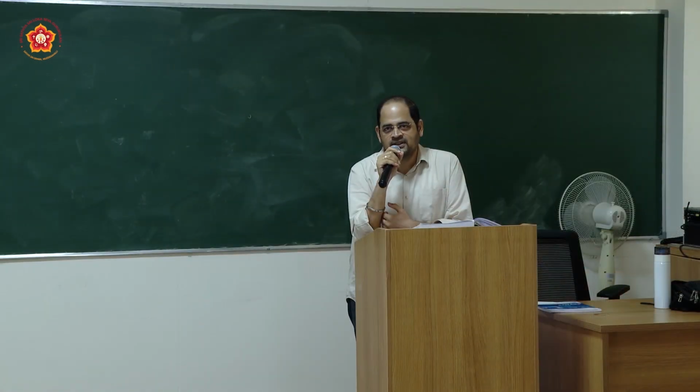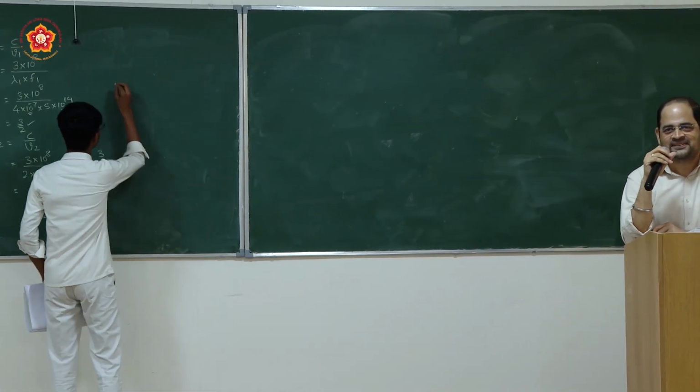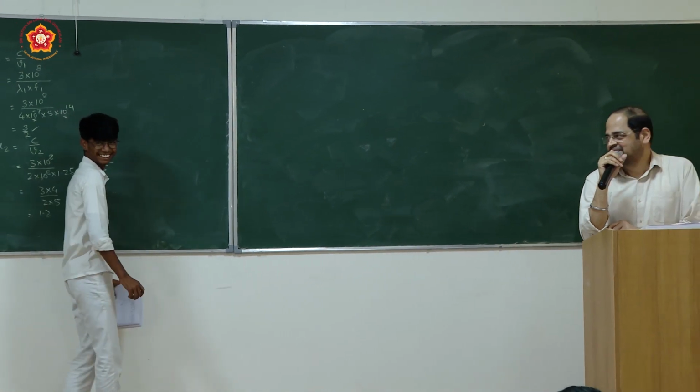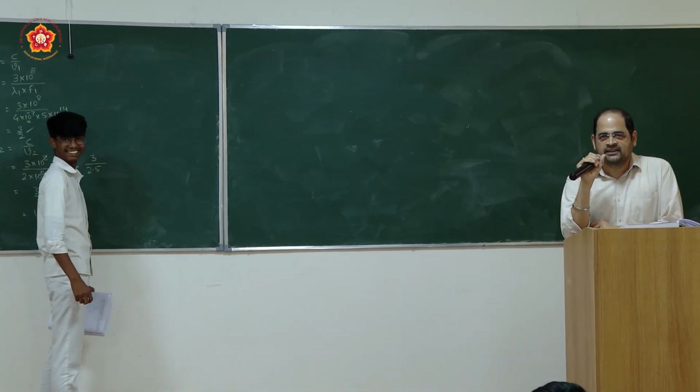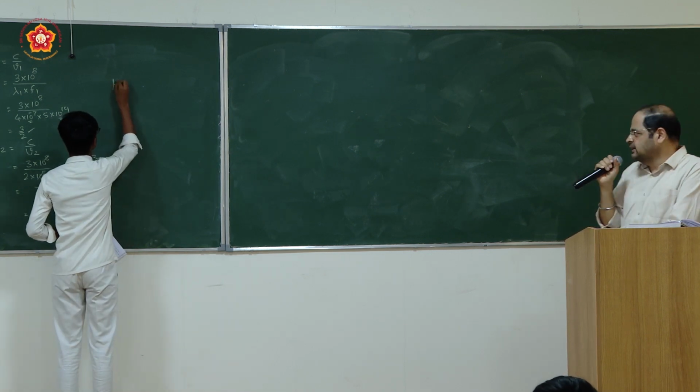Come and solve for others. You can do it. Come. So come here to hold the mic. Okay, see what he is doing. Those who have not got the answer, they should check it out.